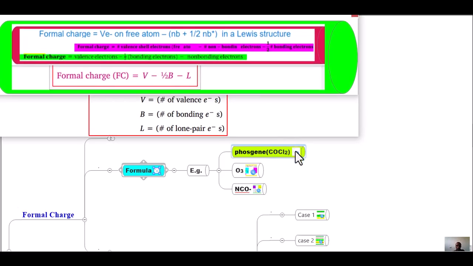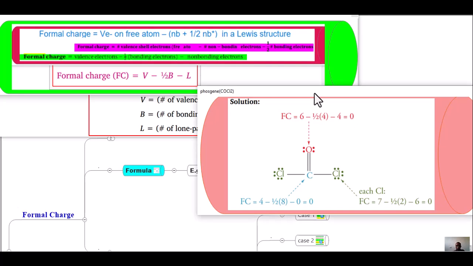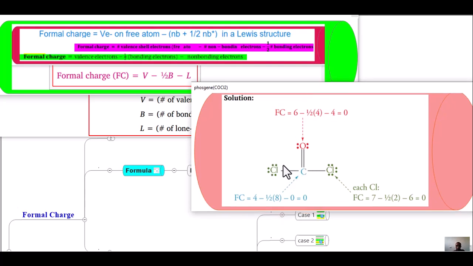For example, if you are asked to calculate the formal charge of carbon, chlorine, and oxygen in this compound, how can you calculate? We can use either this formula or this formula. To calculate the formal charge for carbon, the atomic number for carbon is 6, and if you configure the electrons, 2, 4, so the valence electrons for carbon is 4. 4 minus half of the number of bonding electrons.